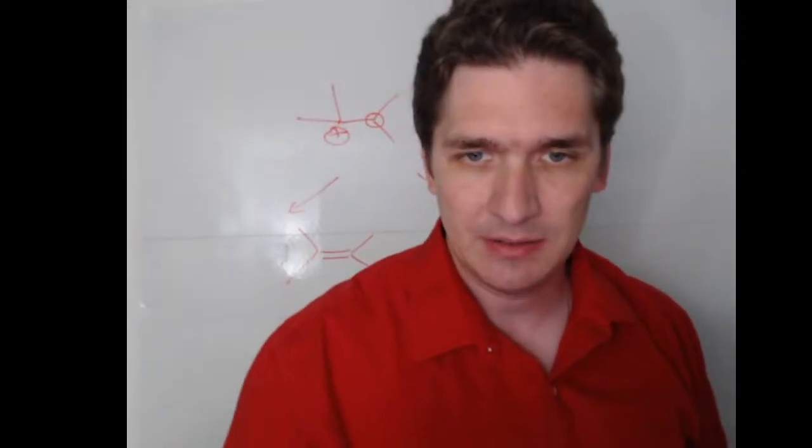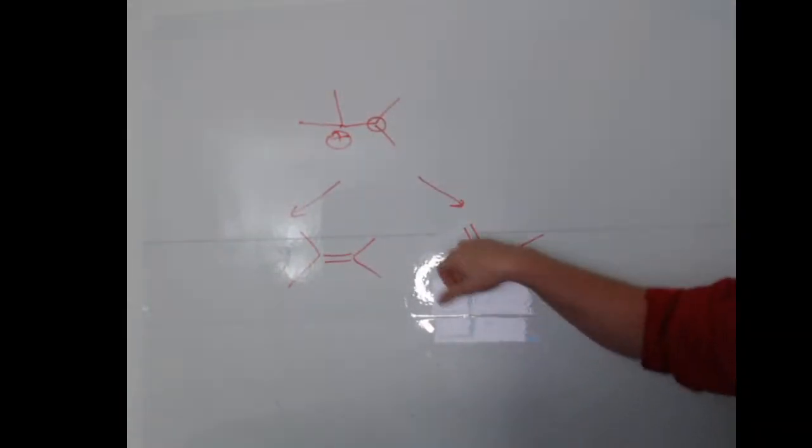So the major product will be the 2,3-dimethyl-2-butene. And the minor product here is going to be your 2,3-dimethyl-1-butene.